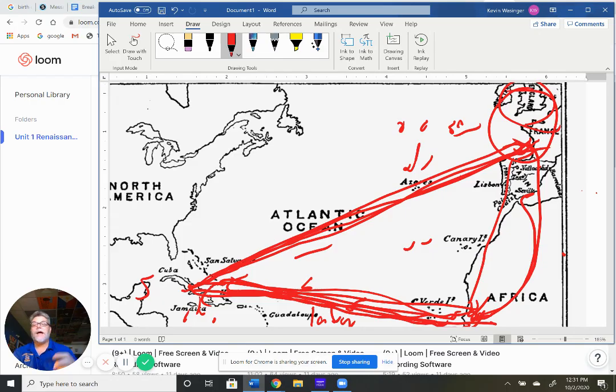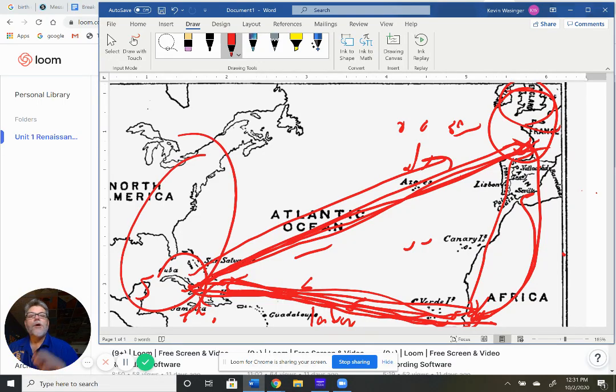Now, on the flip side, when we look at sugar, timber, and other raw materials, these raw materials are really going to be inexpensive. Instead of being developed in the Americas, they're going to be transported and manufactured by the Europeans. I've used sugar, molasses into rum as an example.